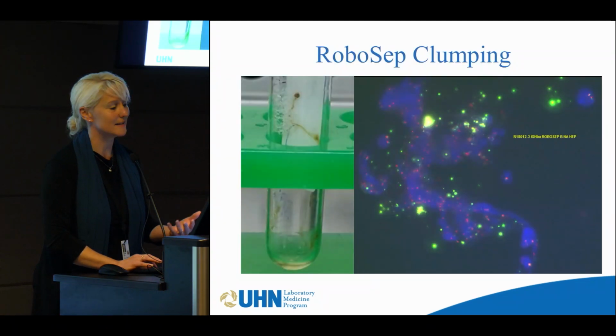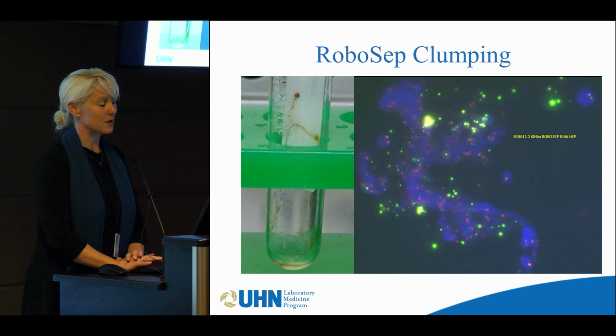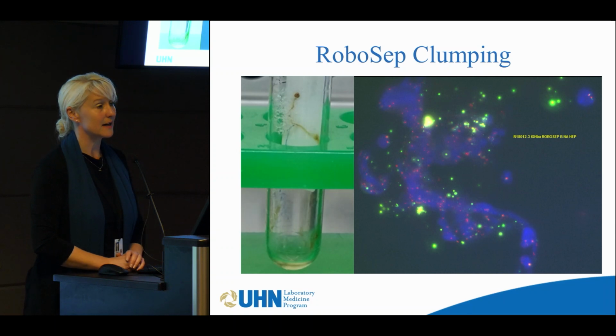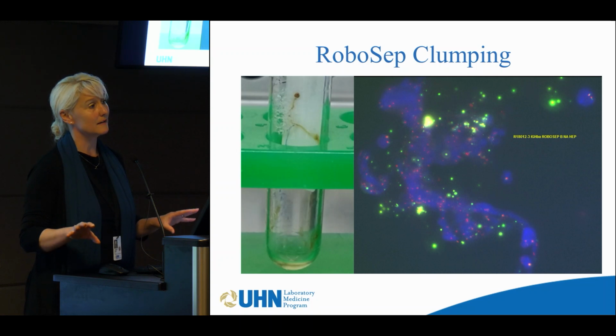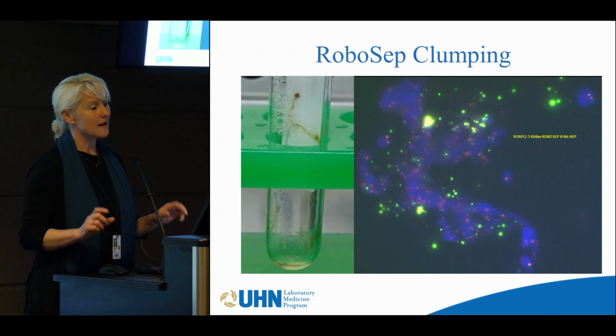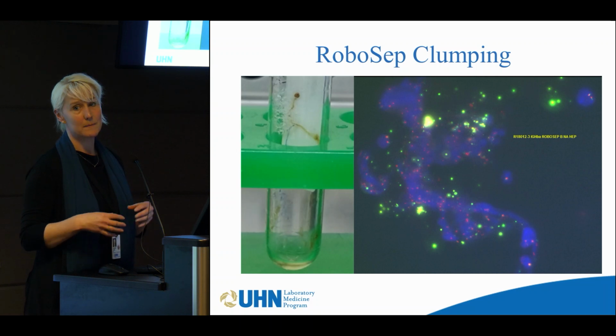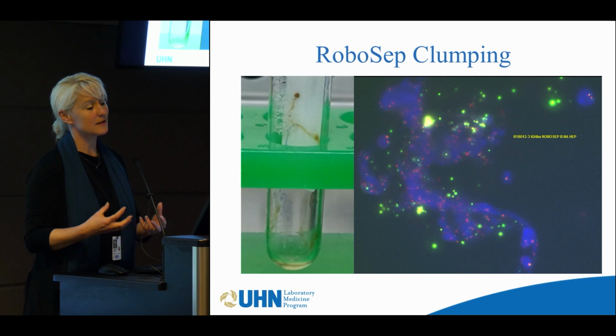And this is just an example of the clumping we found within RoboSep. And we've been testing the use of DNase. So when cells break down, free DNA is in the suspension. DNA attaching to cells can actually make cells very sticky. And if we add DNase, it could help get rid of the DNA and thus prevent cells from sticking as much.